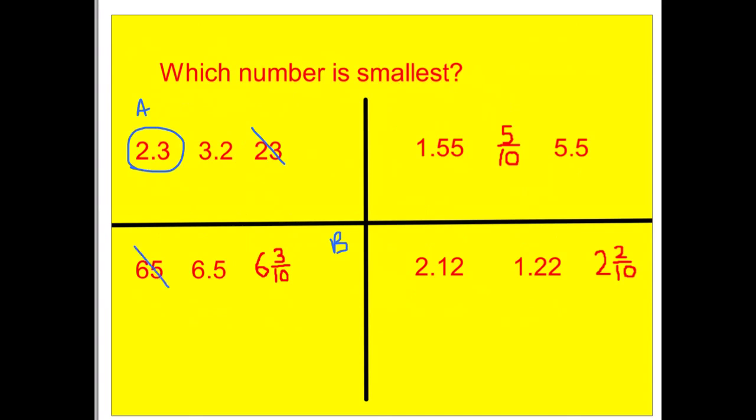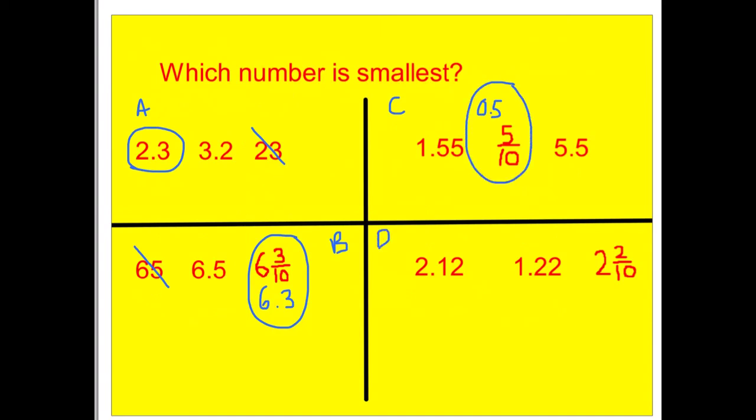Again, 65 is way bigger than the other two. 6 3/10 is just 6.3, and that is smaller than 6.5. C, 1.55, 5/10 and 5.5. Well, 5/10 is just 0.5. So that is the smallest value, 5/10.